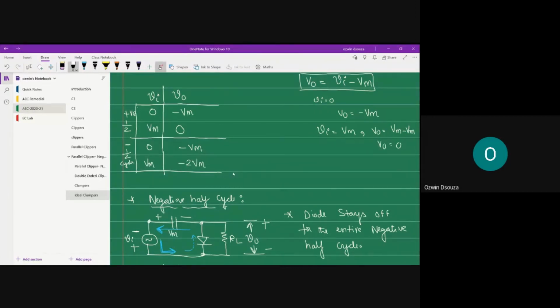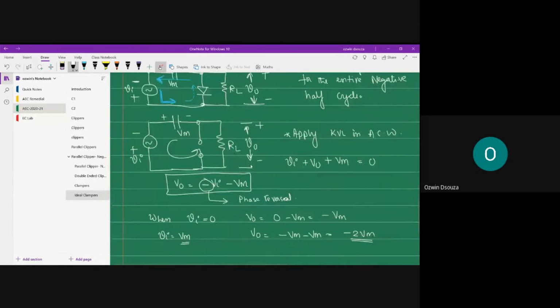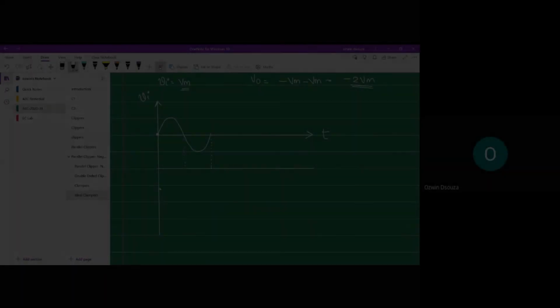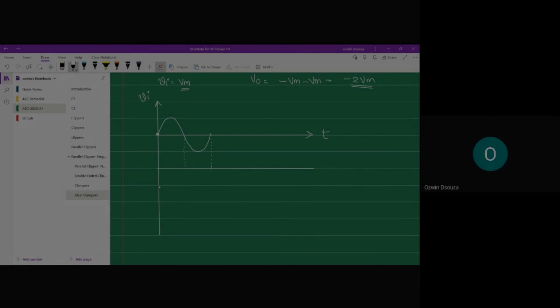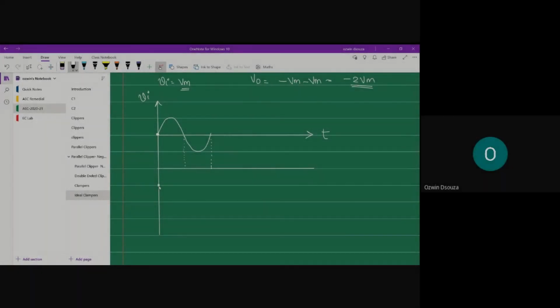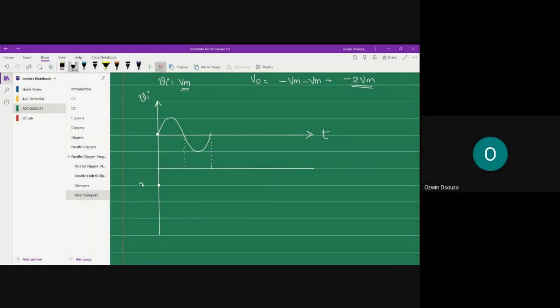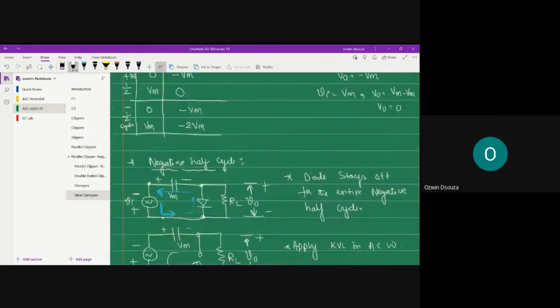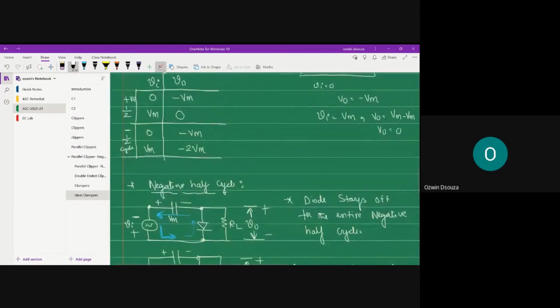So let us sketch the waveform. At 0 input, the output voltage was minus Vm. In the first positive half cycle, we have seen that when your input is 0, output is minus Vm.